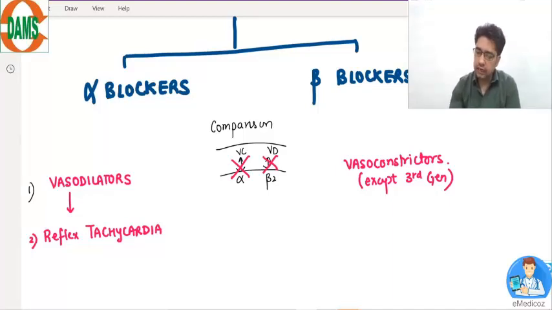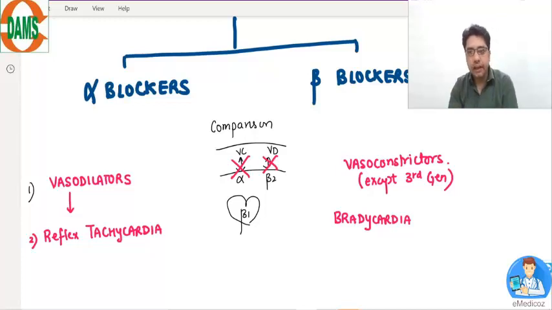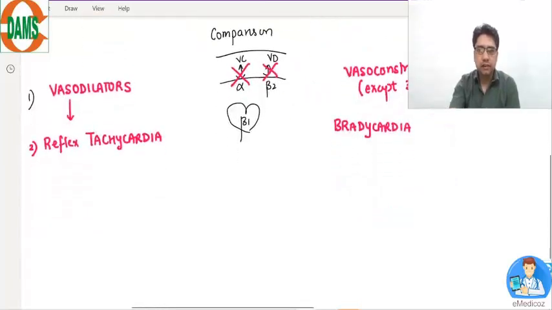Now we know that our heart contains beta 1 receptor, and normally beta 1 receptor increases heart rate. So if you give beta blockers, they will produce bradycardia. Why? Because they block beta 1 receptor on heart.